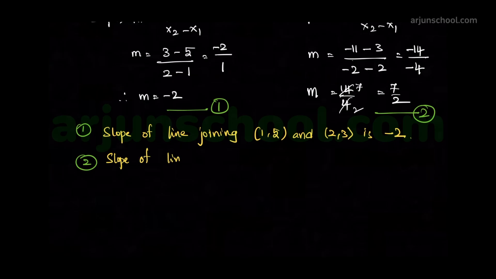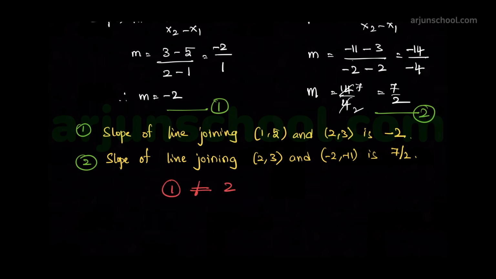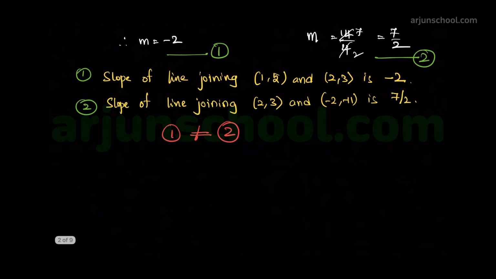The slope of the line joining the points (2, 3) and (-2, -11) is 7 by 2, which are not equal. Therefore, the given 3 points are not collinear.